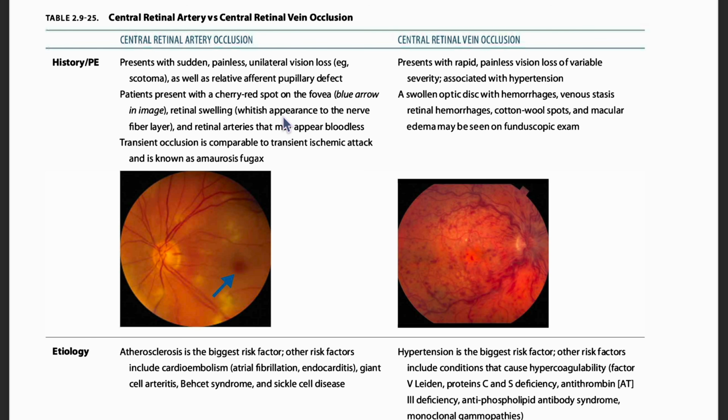Okay, so it presents with a cherry red spot at the fovea, retinal swelling, whitish appearance of the nerve fiber layer, and retinal arteries that may appear bloodless. Transient occlusion is comparable to transient ischemic attack and is known as amaurosis fugax. So cherry red spot is in the artery occlusion. Now gotta remember that the artery causes the cherry red spot.